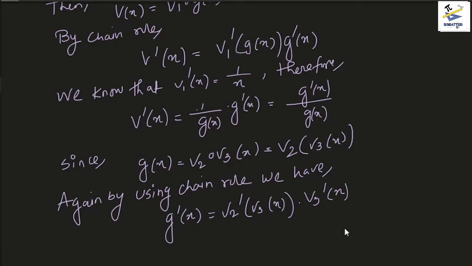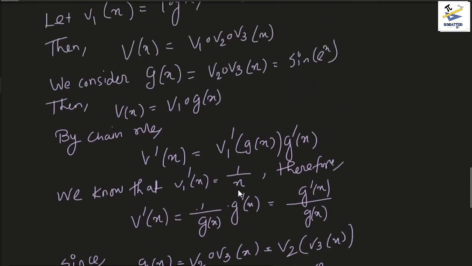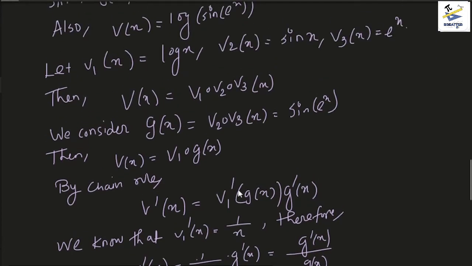So this v2 prime of v3x into v3 prime x, and we can see that v2x was sine x and v3x was e to the power x. So their derivatives in fact are v2 prime x would give you cosine of x or cos x, and v3 prime x would be e to the power x itself.